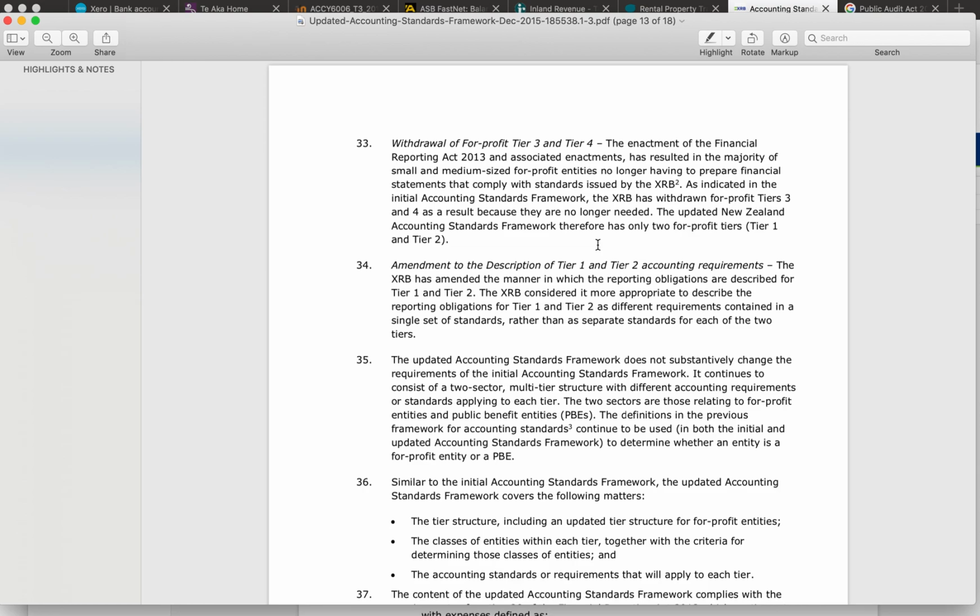So those are the 2 key ones in our course. But then obviously there's a whole lot of acts that cover the public benefit entities and Crown-owned enterprises. There's the Charities Act. There's a whole lot of other acts that basically govern them.